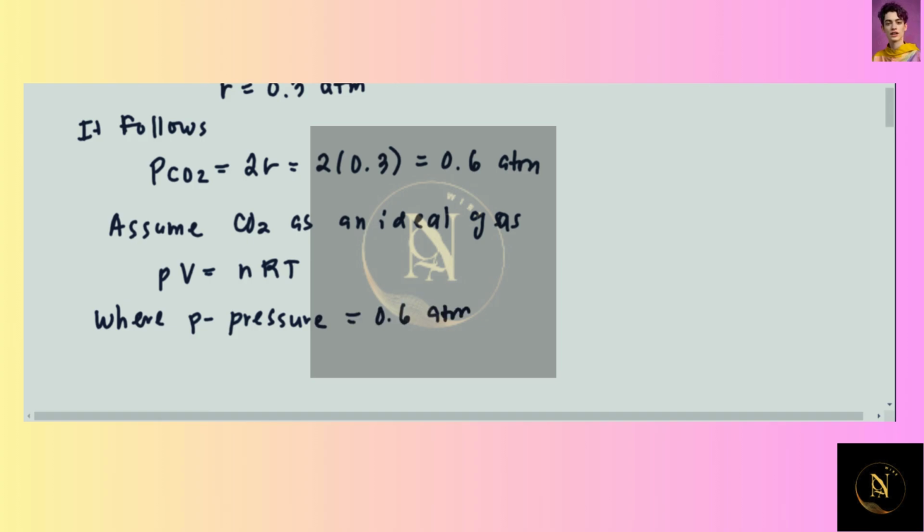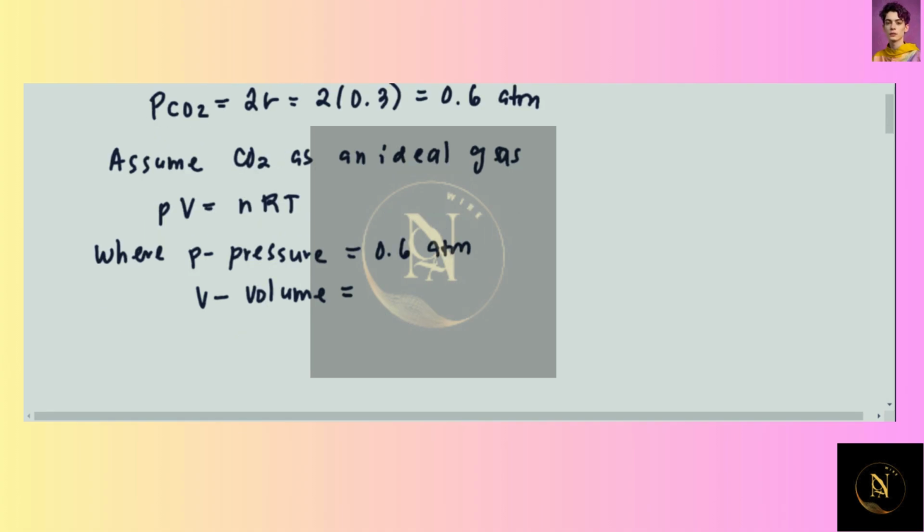Volume: since the carbon dioxide gas is kept in the same container as the carbon monoxide and oxygen gas, we will use the original volume of the container, which is 1.0 liter, and then the moles is n, which we will find out here.